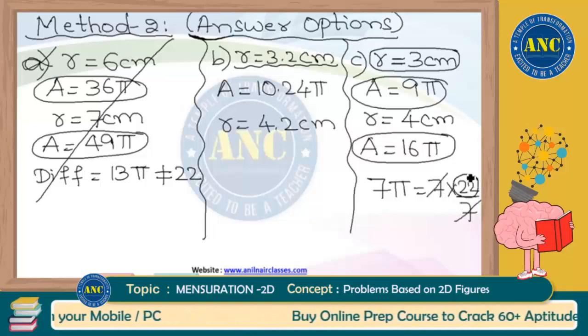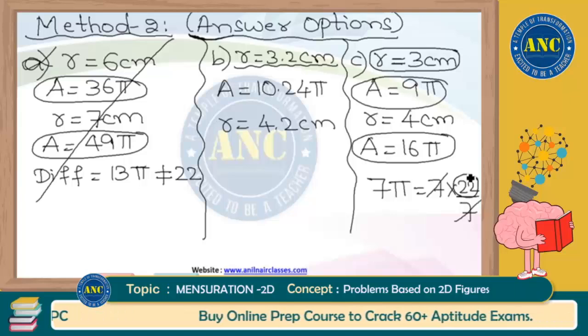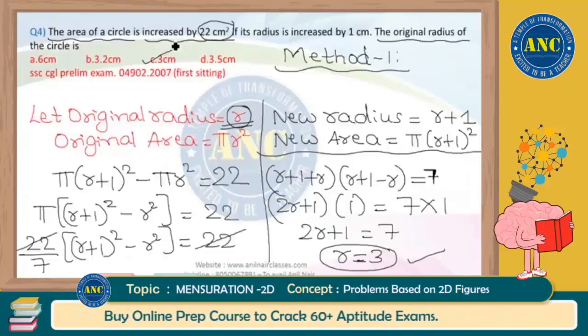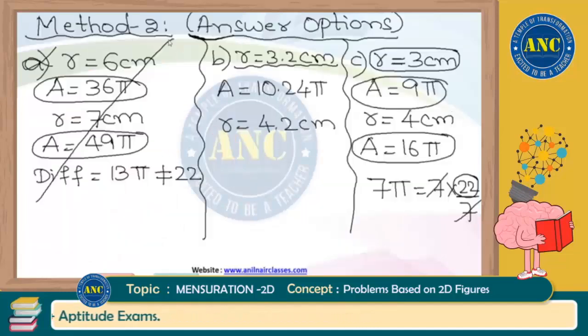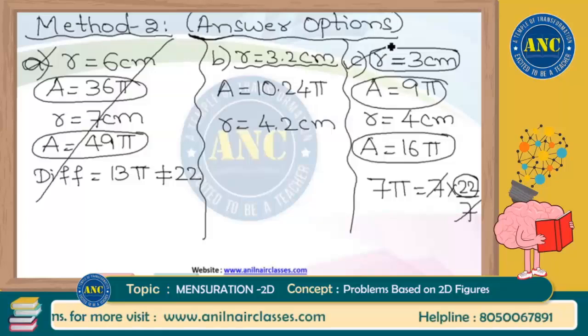The difference I am getting is 22, and the question also says the difference is 22. That means my question statement is becoming true, because my assumption r is equal to 3 is making it true. So my assumption of r is equal to 3 is my correct assumption. Answer for this question is r is equal to 3 centimeter.